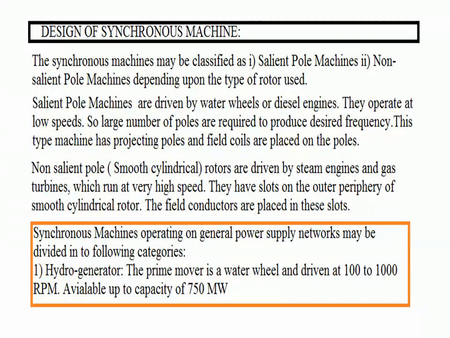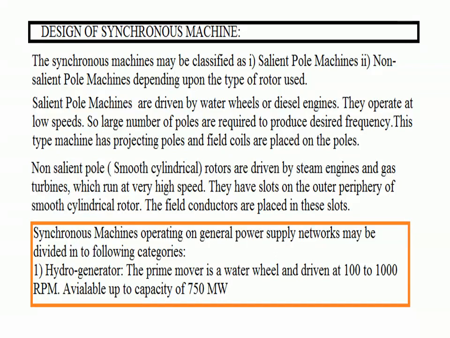In brief, what are the types of synchronous machines? Salient pole machine and non-salient pole machine, depending upon the type of rotors used. Salient pole machines are usually adopted in hydroelectric turbines. These are used in hydroelectric power plants.